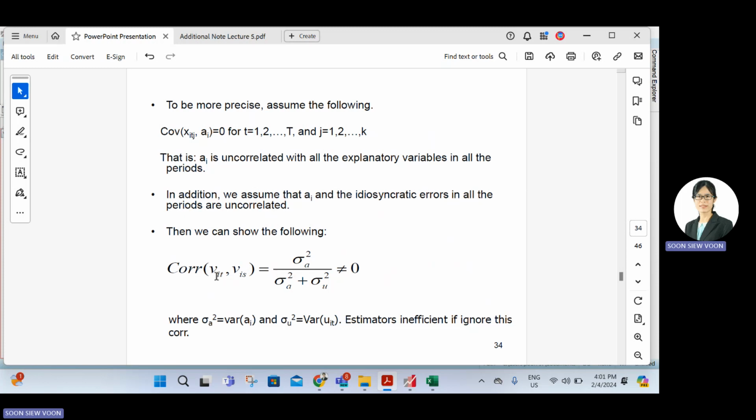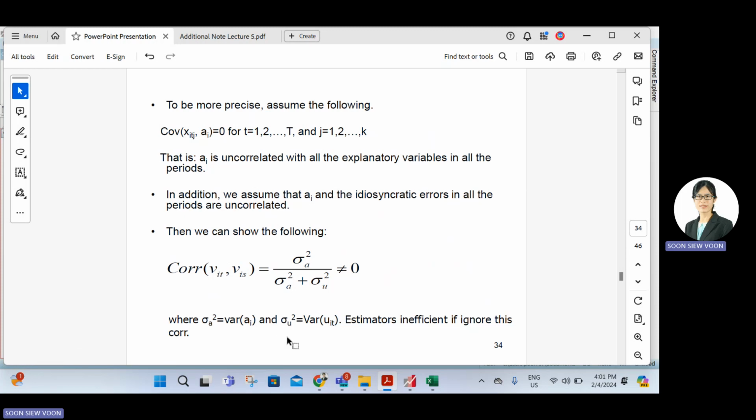So then we can show the following: the correlation for v_it and v_is, which refer to two different periods, is not equal to 0, right? The idiosyncratic errors are uncorrelated, so sigma squared is equal to the variance for the AI, right?